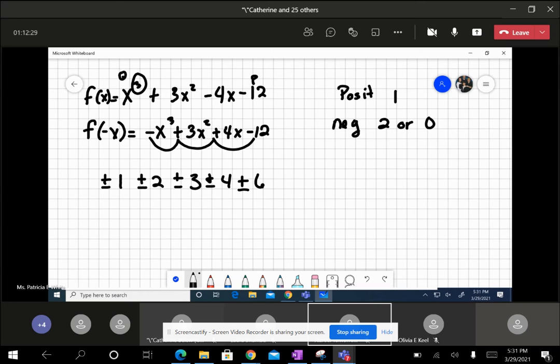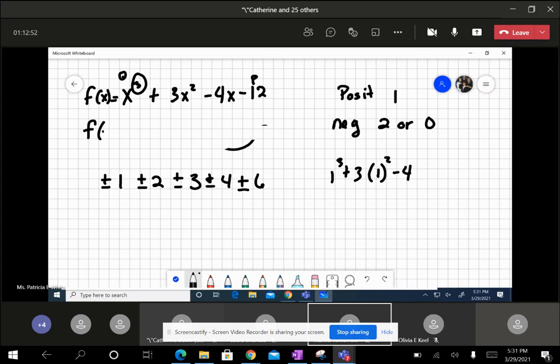I'm going to start with positive 1. I guess we could cheat a little bit and save ourselves some time, but let's make sure we use f of x, not negative f of x. I would have 1 to the third plus 3 times 1 squared minus 4 times 1 minus 12. Well, with that minus 12 on the end, we know 1 isn't going to work, is it?